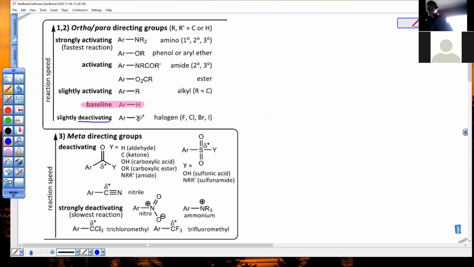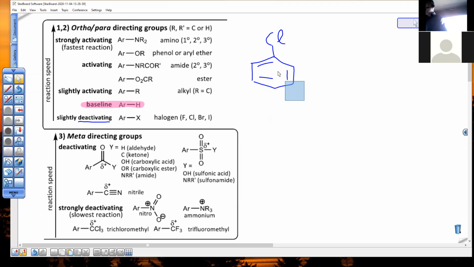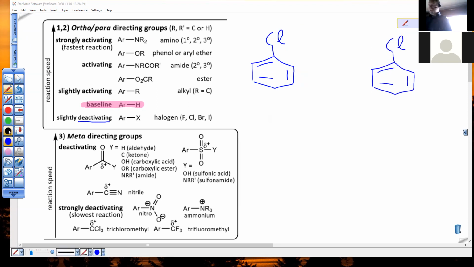You still want to go ortho-para because of your intermediates. So say you had a chlorine on benzene and you're reacting it with an electrophile, you want to go ortho like this and para like this.